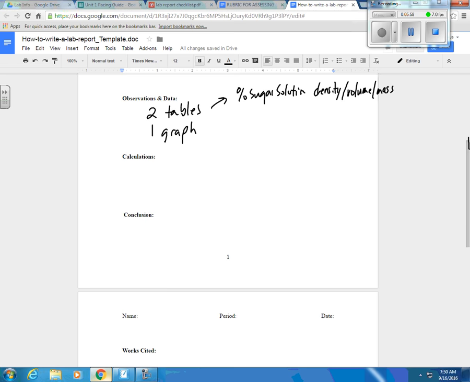And then the second table was the drinks: density, volume, mass, and then your percent sugar, and then your percent error. All that was in that one table.